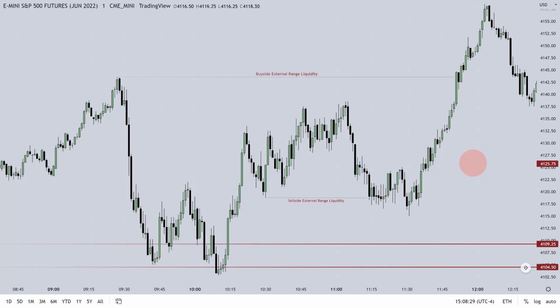And this is one example of it here, where we have sell side external range liquidity. I want you to imagine this little area here as a box or a rectangle. The market is dealing between this high and that low until we get below that low here.